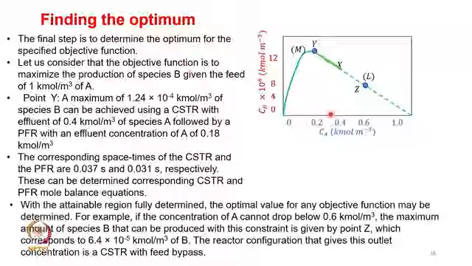And you can also compute the corresponding space time, because you have a one-to-one mapping between space time and your individual profiles. That would help you to design your reactors. Once you have the space time, V by V naught, you will be able to find out the volume. This can be determined from the corresponding mole balance equation.